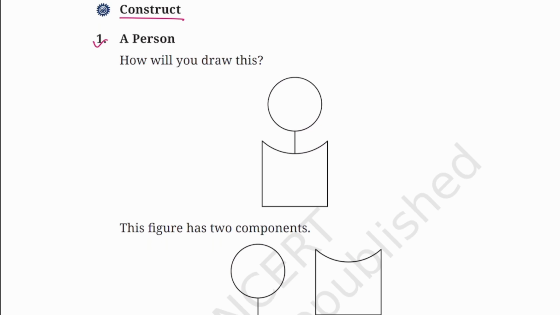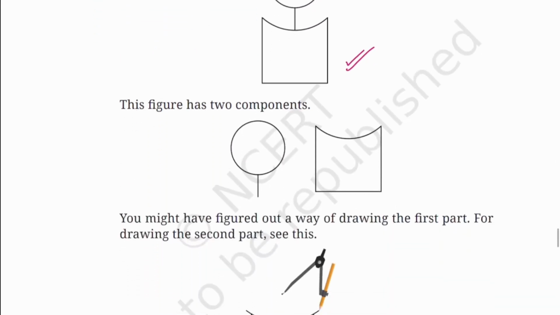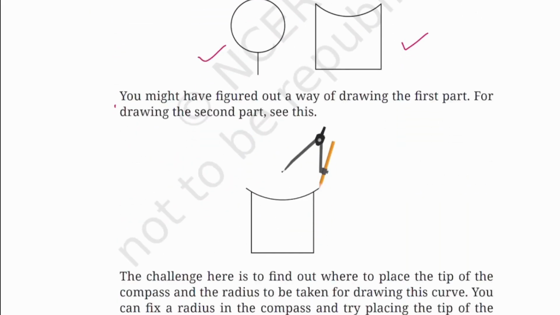Construct 1. A person. How will you draw this? This figure has two components, head and body. You might have figured out a way of drawing the first part.